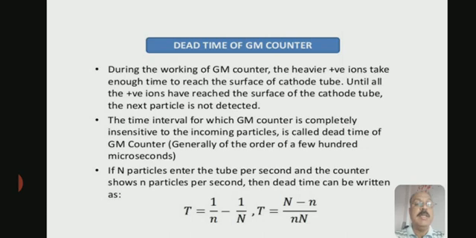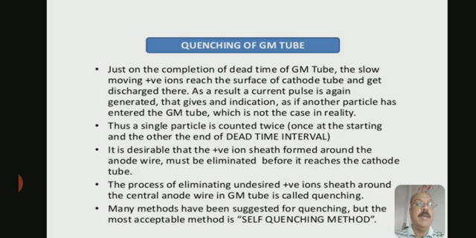If N particles enter the tube per second and the counter shows n particles per second, then dead time can be written as T = 1/n - 1/N, or T = (N - n)/(nN).